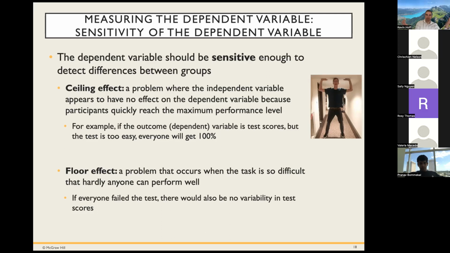Again, if we wanted to see whether people who get less sleep perform worse on a test, but the test is so easy that everyone gets 100%, that's the ceiling effect. The people who are more rested would probably do better, but the test isn't sensitive enough. It's stuck at a ceiling point.